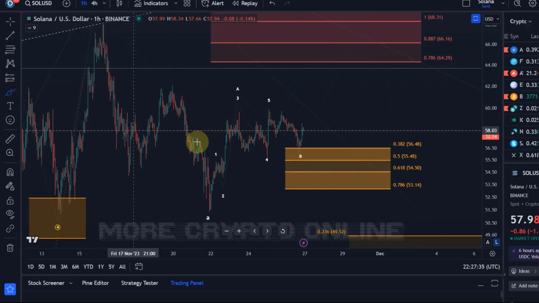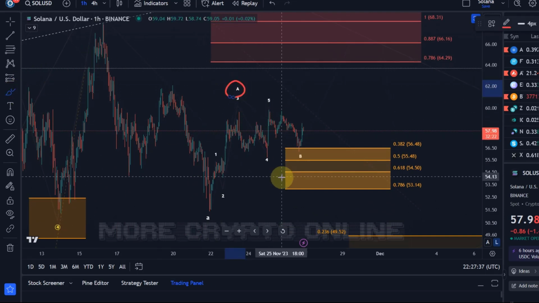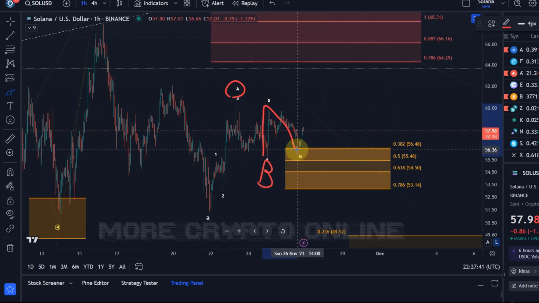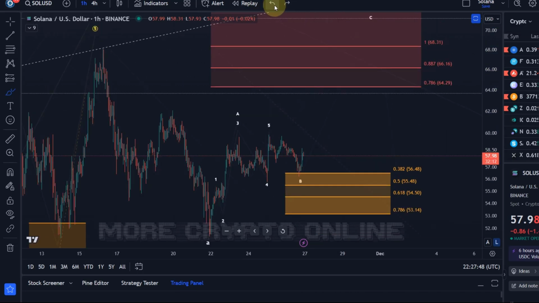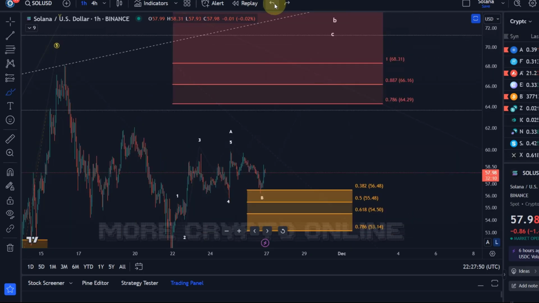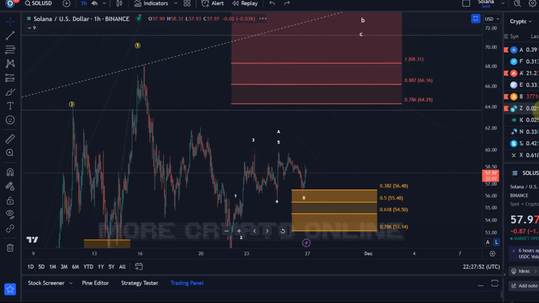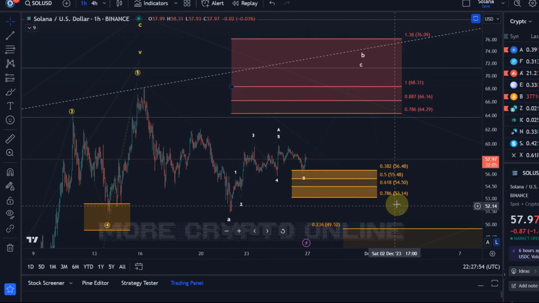The B wave would be here, and this is a 1-2 setup, which could now result in a 3rd wave rally, 4, 5. That's it. So basically just 2 different ways, very similar, and one of these should work out as long as we're holding $53.14.